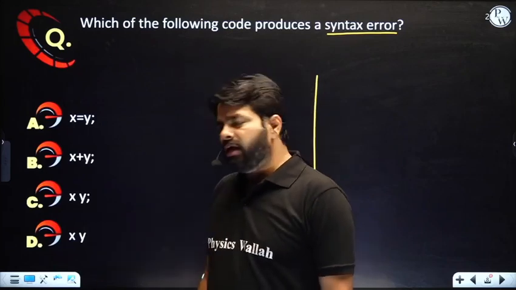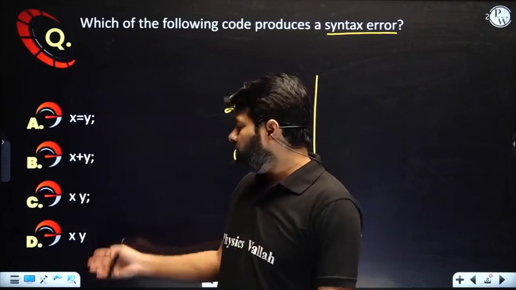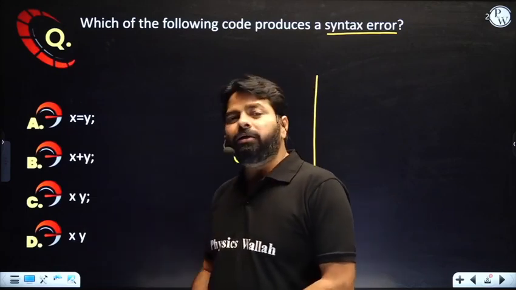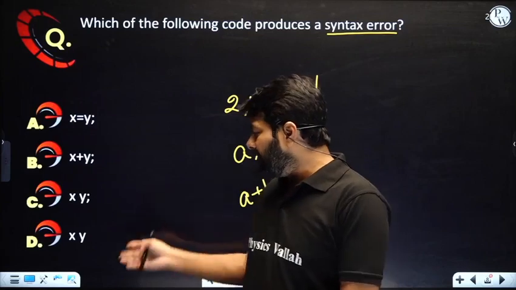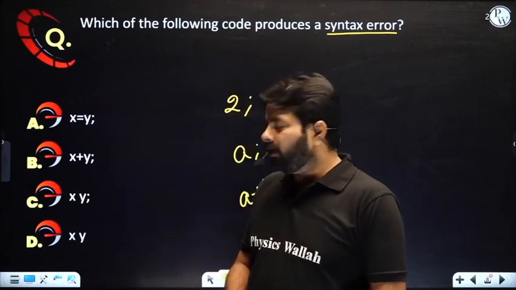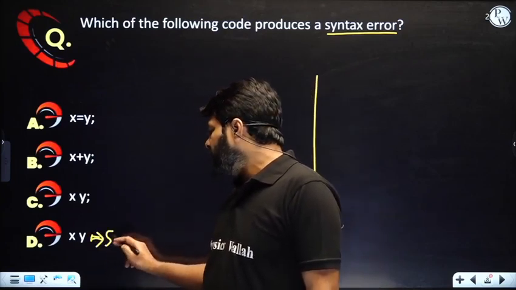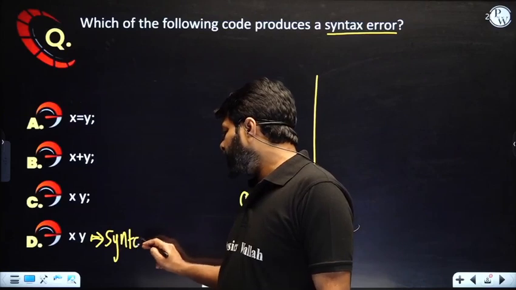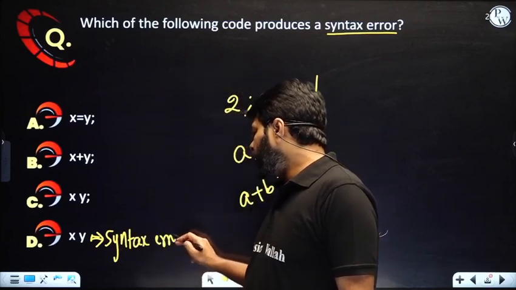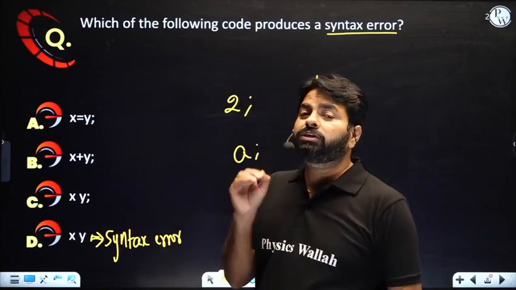But last one, x space y, has no meaning at all. You are missing some operator in between, or at the end semicolon required if you want to say it's a declaration. But anyhow, I can't say what this statement is, so this will generate an error. Which error? Syntax error. The other statements may produce error, but they don't produce syntax error.